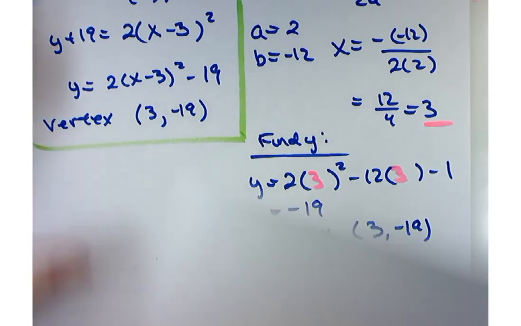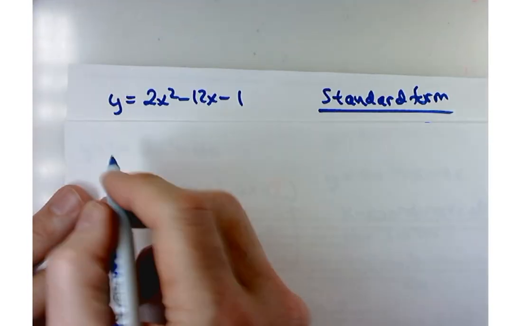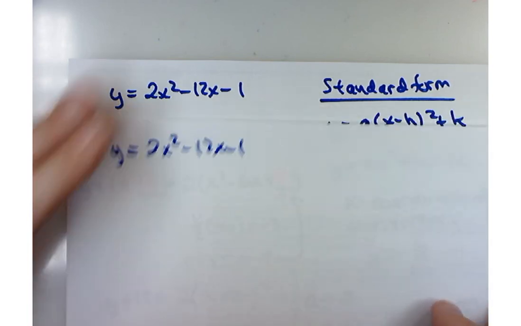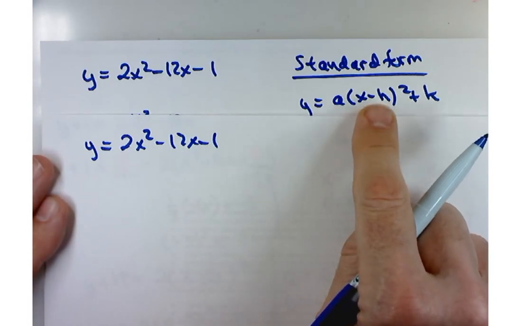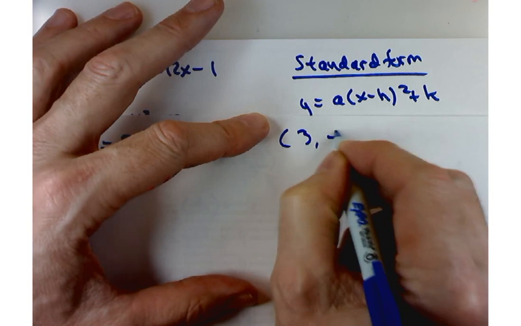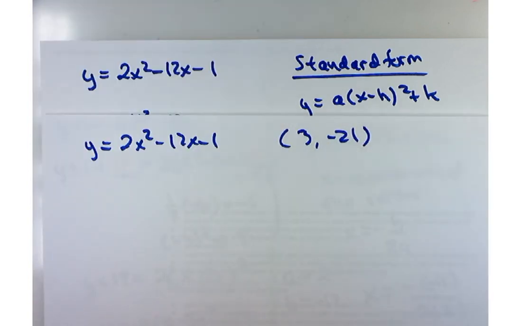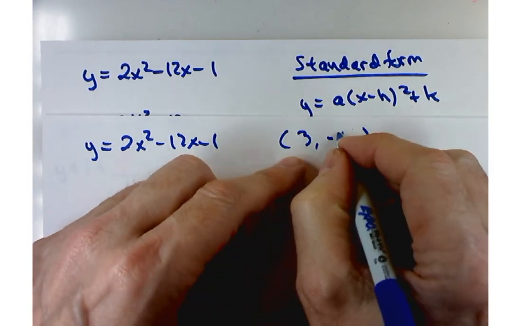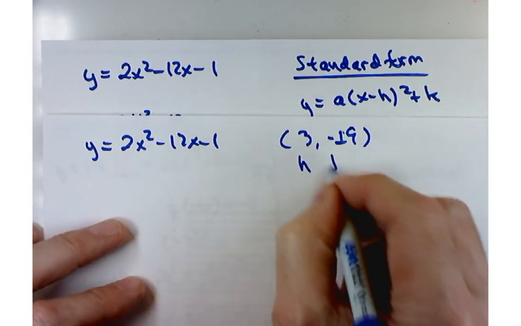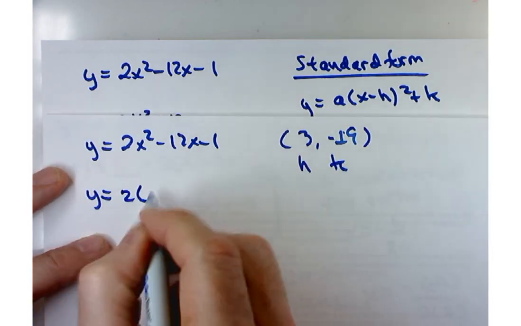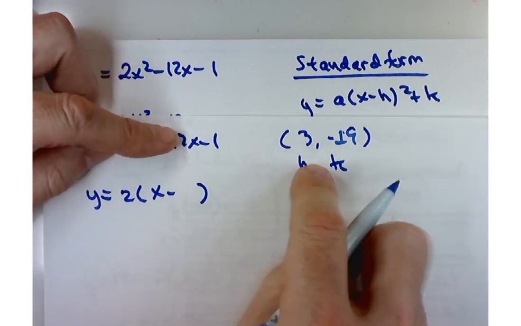But if I just gave you y equals 2x squared minus 12x minus 1, and I asked you to put it in standard form, if you've already taken the time to figure out what h and k are, so I've got 3 and -19, that's my h, that's my k, so then I get y equals a, which I already know is 2, times (x minus 3), that's my h.